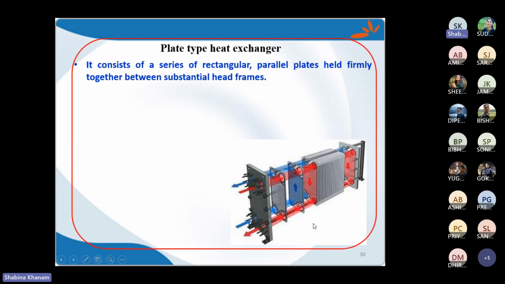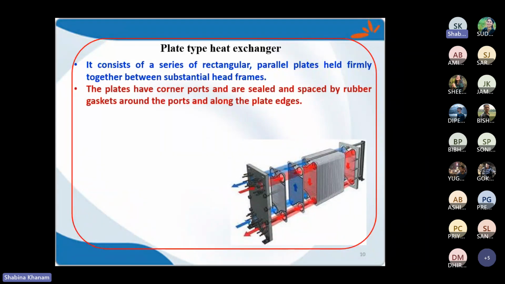So we can say this rod and bolt assembly is a frame, over which plates are movable. Okay, so plates have corner ports and are sealed and spaced by rubber gaskets around the ports and along the plate edges. Now if you consider this particular plate, let's discuss this first plate.